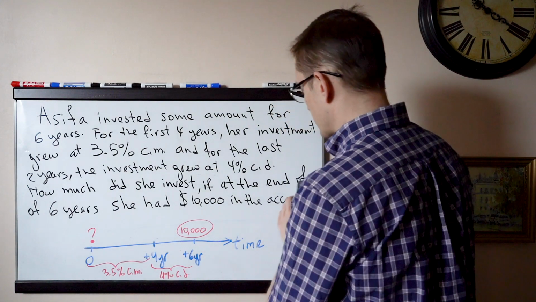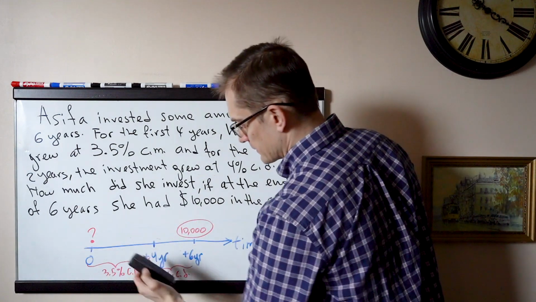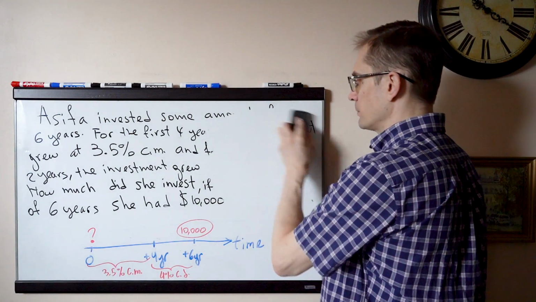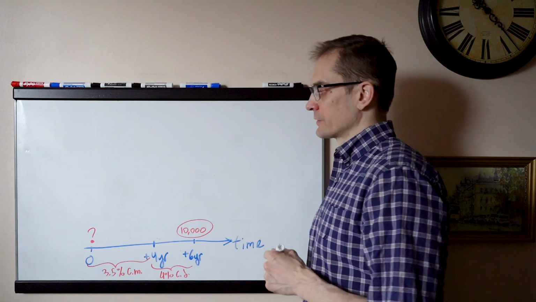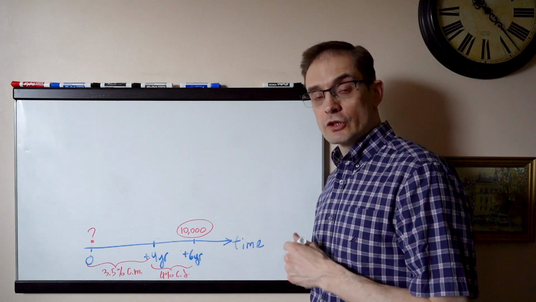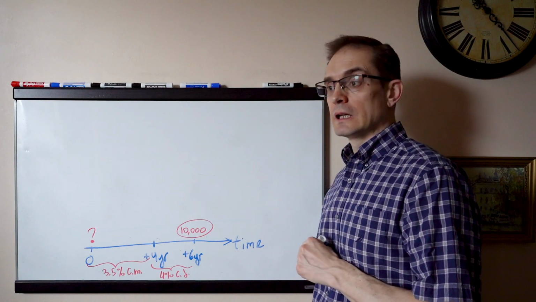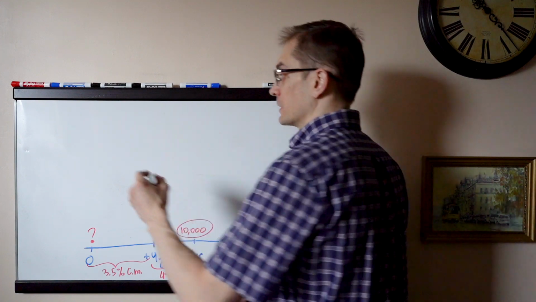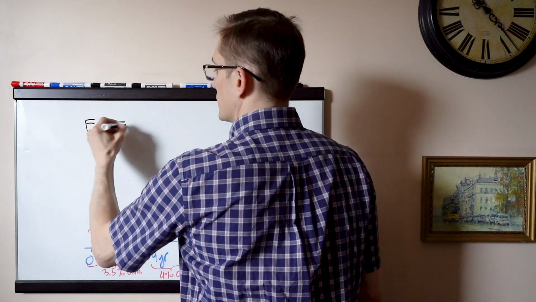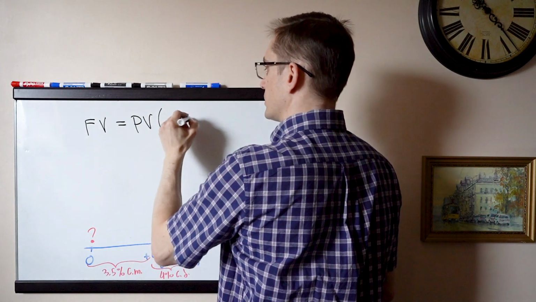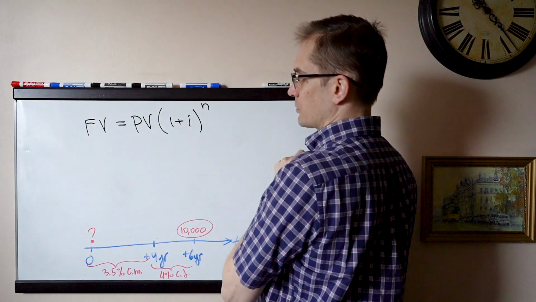Okay, I'll erase this problem now because basically now we have this problem in condensed form. Let's remind ourselves how our formulas for finding future value and present value look when we talk about compound interest. Future value is present value times (1 plus i) to the exponent n.